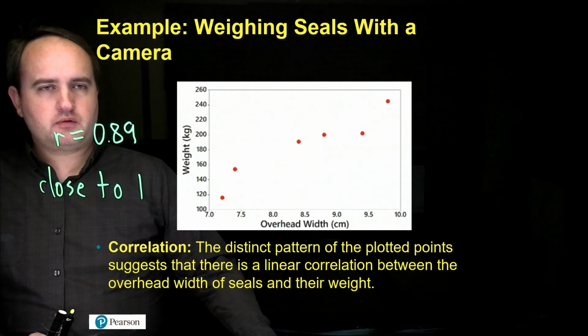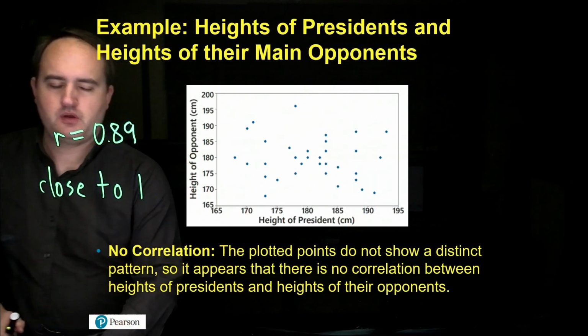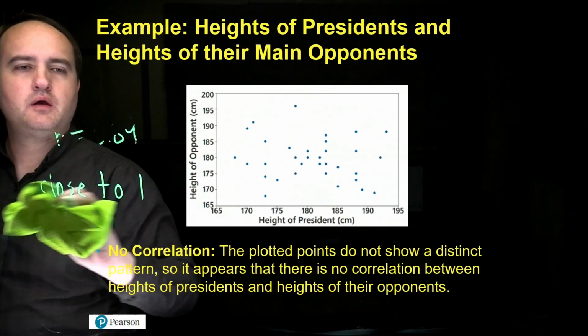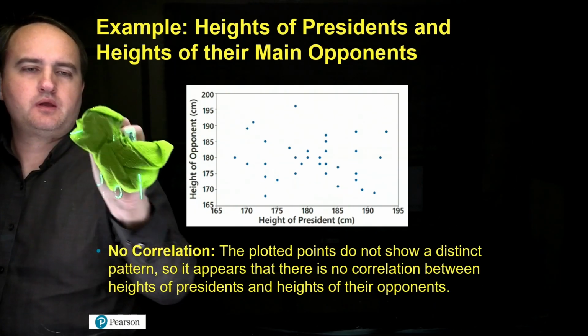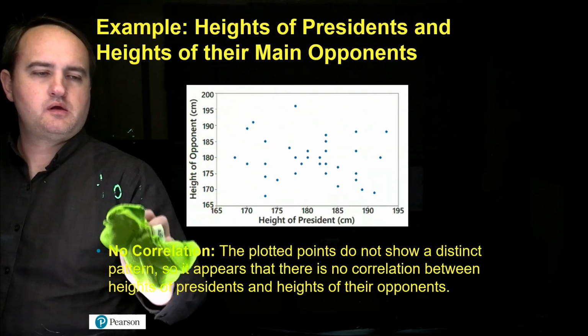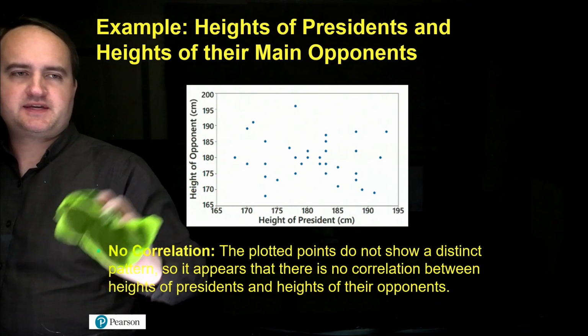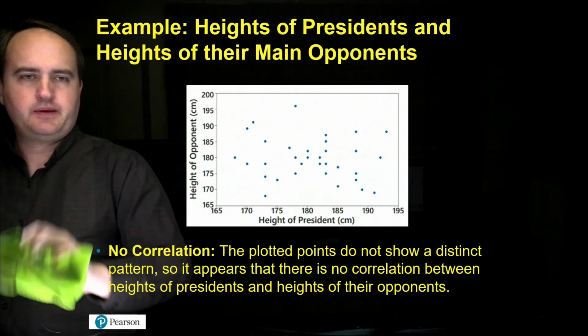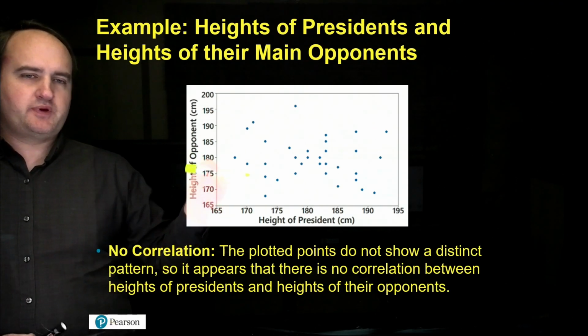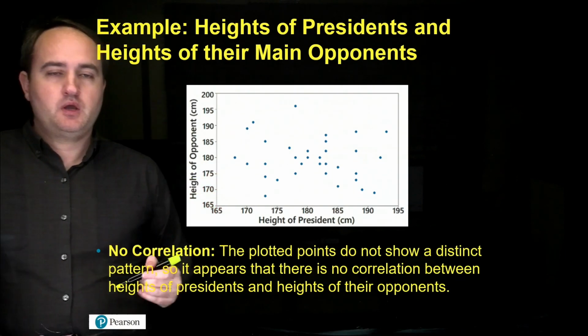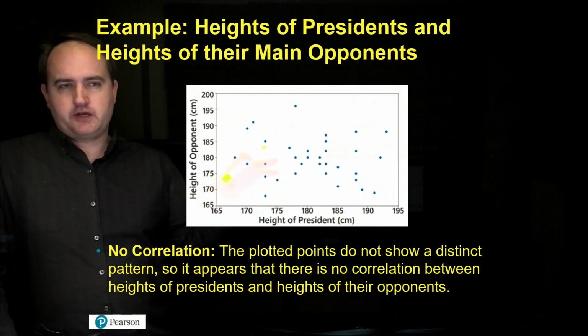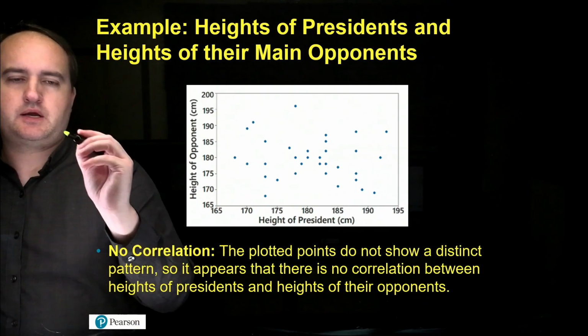Okay, what about this one? What about no correlation? Again, I don't have the exact data values, but because this one has no correlation, r will be very close to 0.